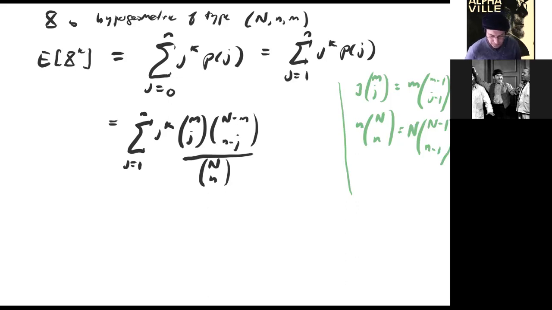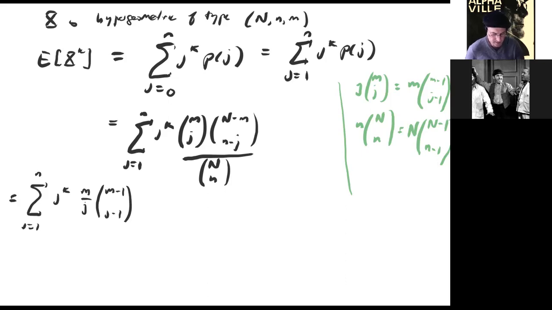Okay, I need room. So it's going to be the sum, j goes from 1 to n, j to the k. Now m choose j, by the first identity, is the fraction m over j times m minus 1 choose j minus 1.